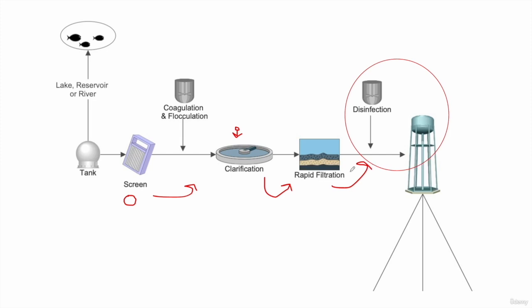Now I have very clear water. If I look at my treated water before disinfection, it looks great. It looks very clear and very palatable, but it actually still contains very small particles, mainly the viruses, the bacteria, and the protozoa that cannot be removed in these stages and will need further treatment by disinfection.